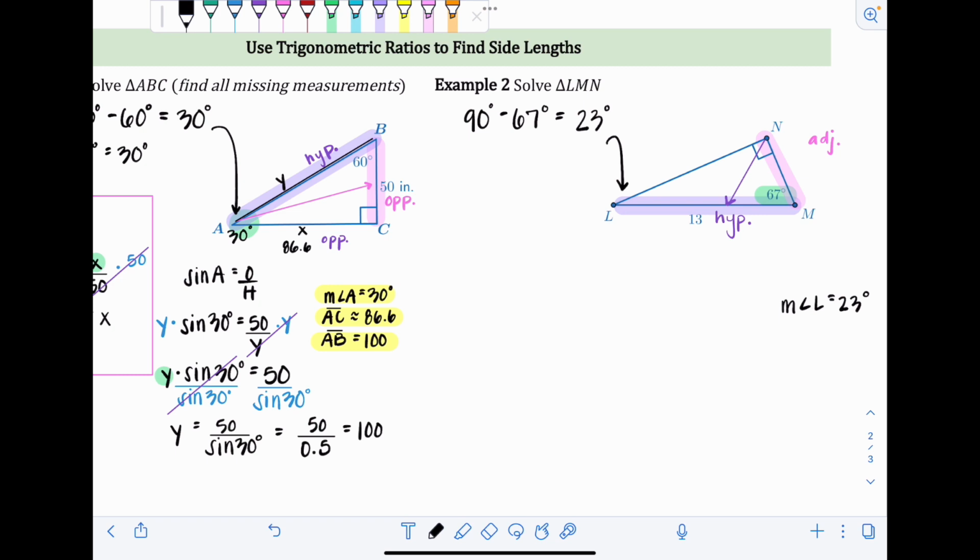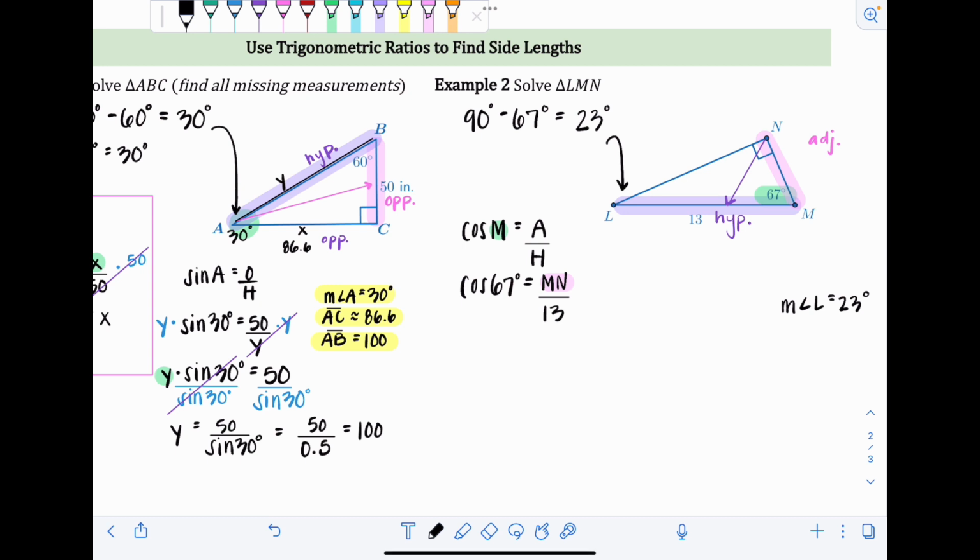So I would do cosine of angle M is equal to adjacent over hypotenuse. And we know angle M, I can go ahead and put that in for M. So it'd be cosine of 67 degrees is equal to the adjacent side. That's the one we don't know, so I'm just going to use MN to represent it. And then over the hypotenuse, which we do know is 13.